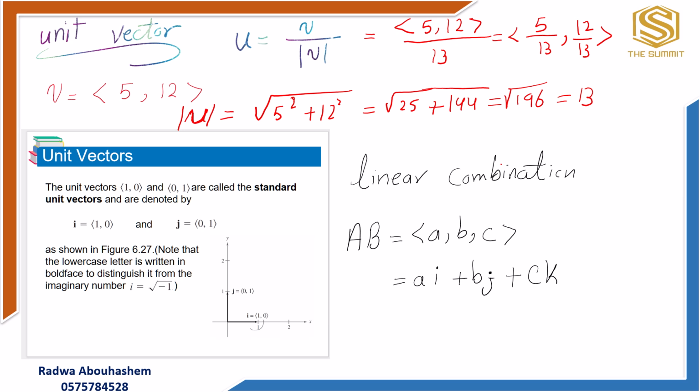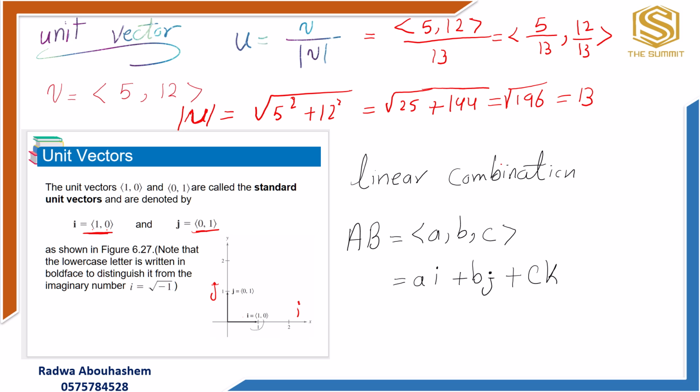I could also write a vector as a linear combination, which means that if I have a two-dimensional vector, the direction of the x-axis is denoted by i, and if it's in the y-axis, it is denoted by j. And these are small letters. Now, because they're unit vectors, each is just one. So here it would be (1, 0) in the x-axis. If it's in the y-axis, it would be (0, 1). What if it was in the z-axis?